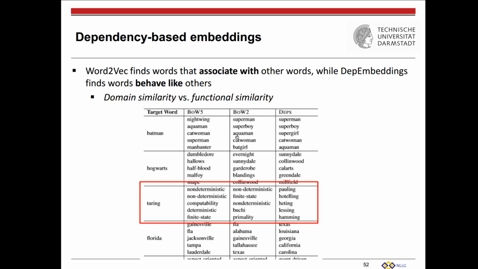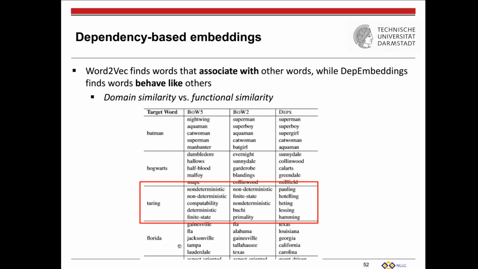And then how they phrase that is Word2Vec finds words that associate with other words, while these dependency-based embeddings find words that behave the same way. And the difference is functional similarity. So these words have the same function. They're all scientists, which means that they can function as subjects. A scientist is doing something. Scientist researches elephants. And they can also be objects. Whereas Word2Vec captures more domain similarity.